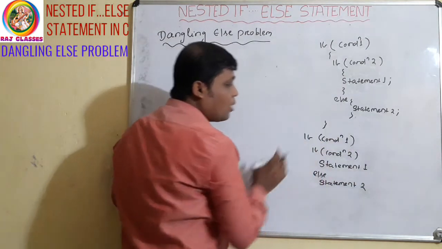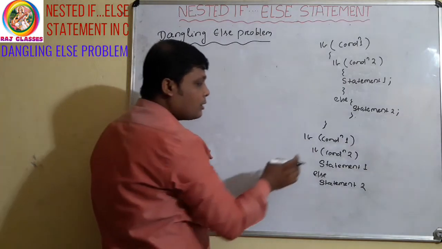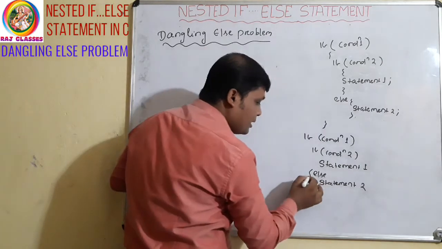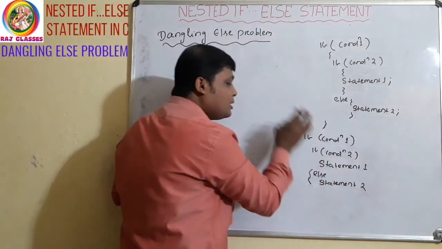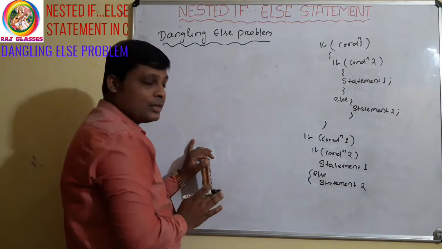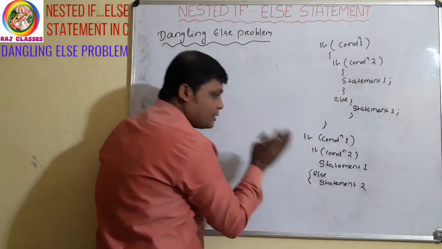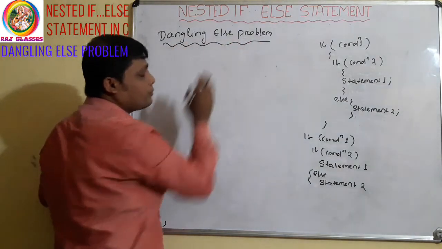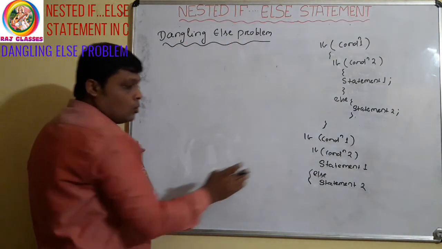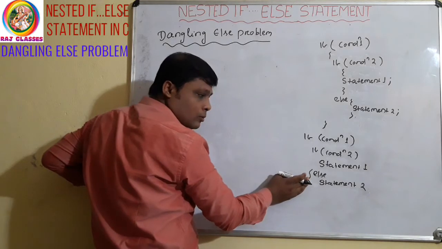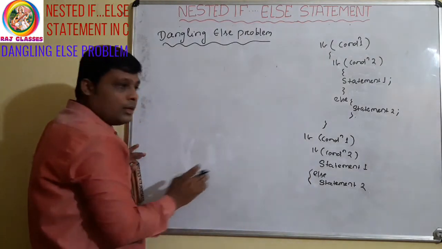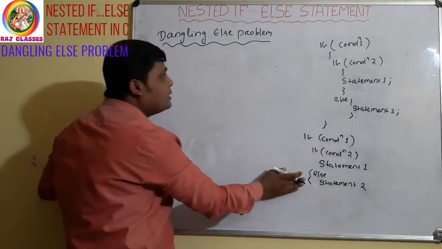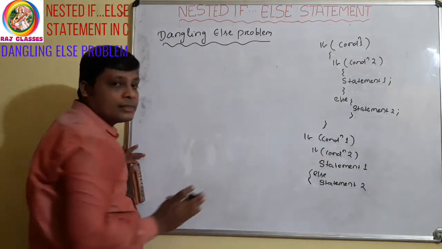If condition 1 is false, then where is the else part? Is this else the else part for this if or this if? Clear? This type of problem arises. This problem is called the dangling else problem. If no matching else is found for an if, then this type of dangling else problem arises. Clear?